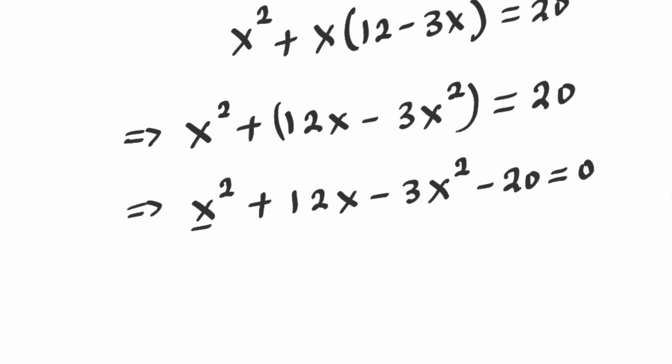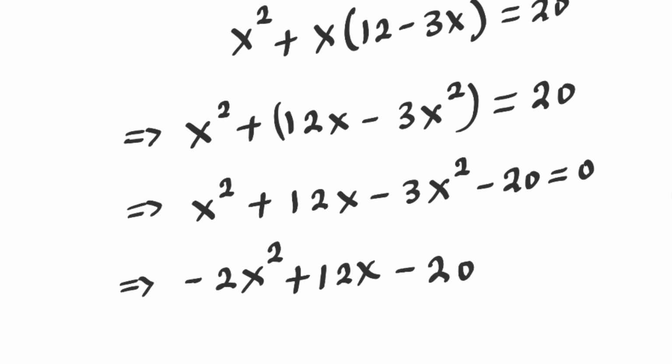Then here we have x squared and this is minus 3x squared. This will give minus 2x squared plus 12x minus 20 is equal to 0.